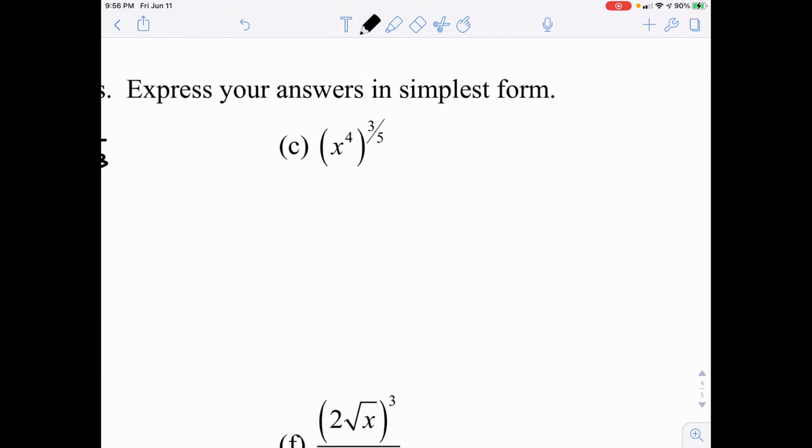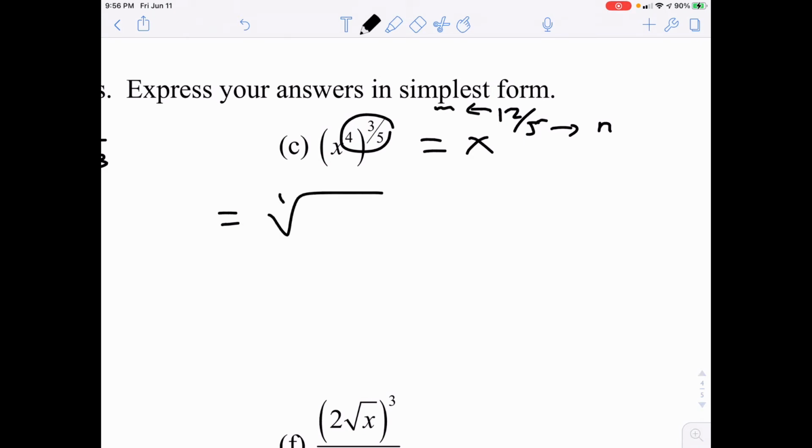Part C, let's apply a power to a power. And we get x to the 12/5 power. Well, 5 is the root, 12 is the power, so this becomes the 5th root of x to the 12th power.